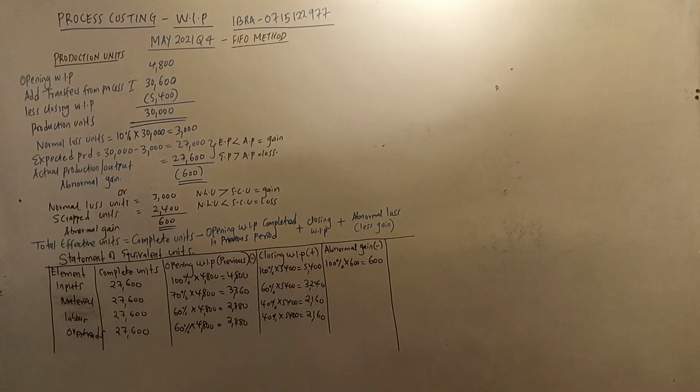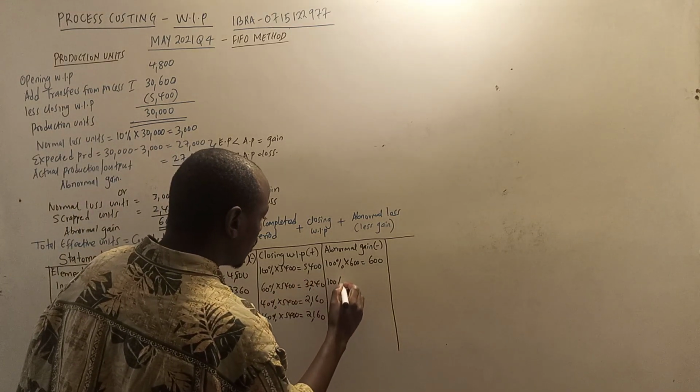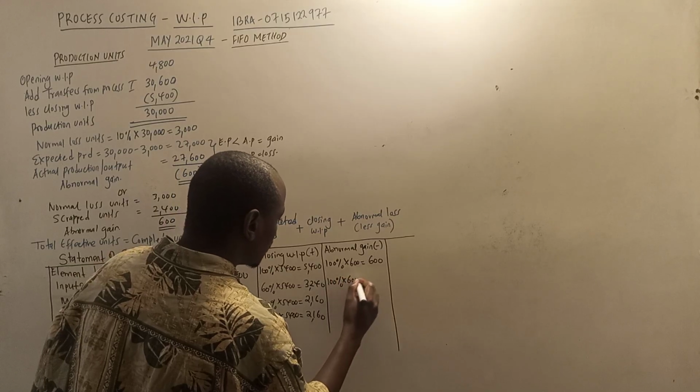Now the rest, we check the scrap. For the percentage of completion of abnormal gain or abnormal loss, it goes with the percentage completion of the scrap values. So let's go to the scrap values and see the percentage. Information number 3: for material it's also 100% times 600.